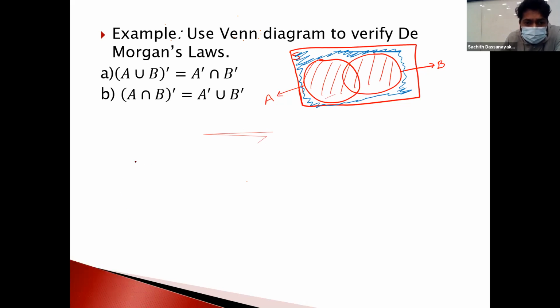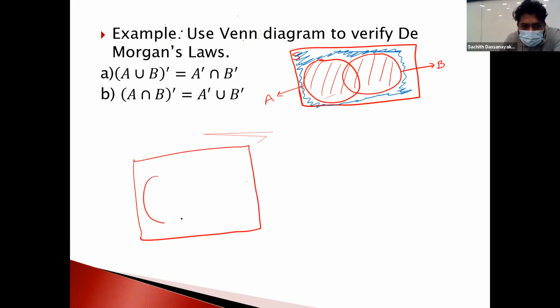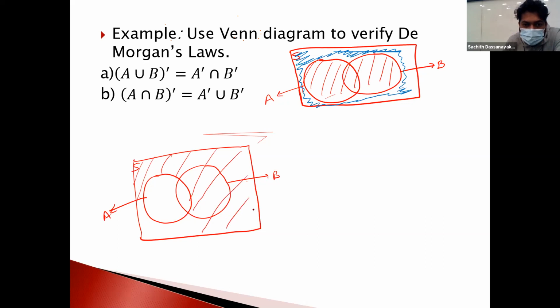It says, this is my B, this is my A, and this is my sample space. So it says A complement and B complement. So first, A complement. A complement means this area, right?